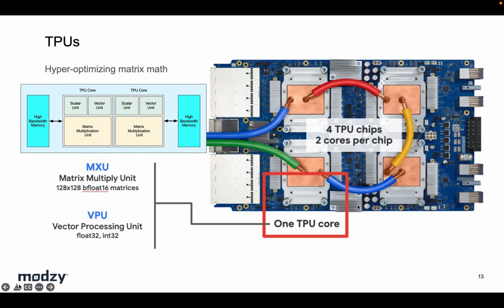And so they've taken this von Neumann architecture and made it even more specific to doing matrix math. Where some of these other chips we looked at have an ALU, an arithmetic logic unit, the tensor cores here have much more specific logic units that just do scalar and vector math.